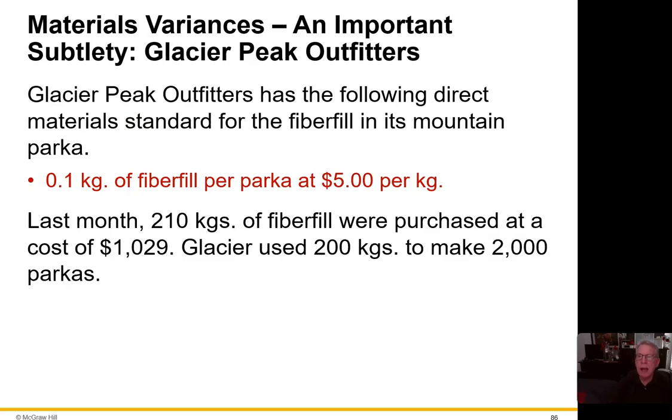Now, coming back to the Glacier Peak Outfitters example, they have the following direct material standard for the fiber fill in its mountain parka. Again, it was 0.1 kilograms of fiber fill per parka at $5 per kilogram. And last month, 210 kilograms of fiber fill were purchased at a cost of $1,029, and Glacier used 200 kilograms to make 2,000 parkas.